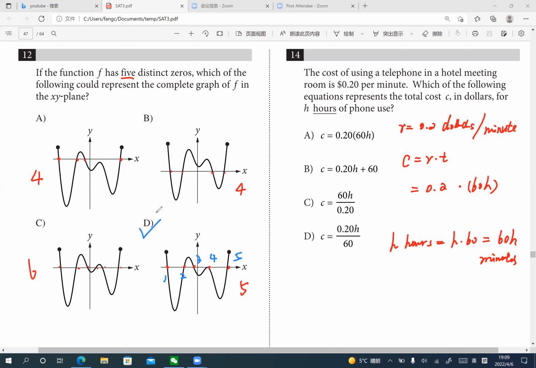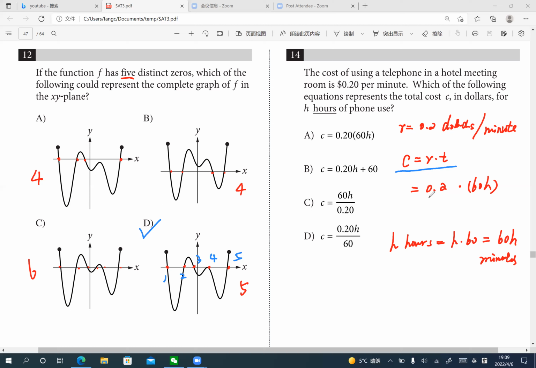Question 14. The cost of using a telephone in a hotel meeting room is $0.2 per minute. Which of the following equations represent the total cost C in dollars for each hour of phone use? So the rate is $0.2 per minute. And the formula to find the total cost is C equals rate times t.